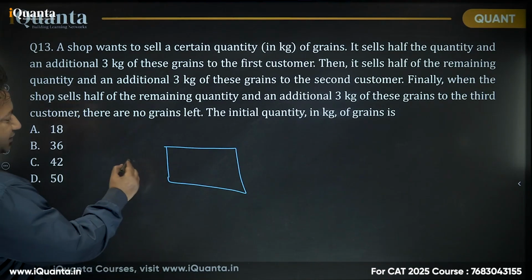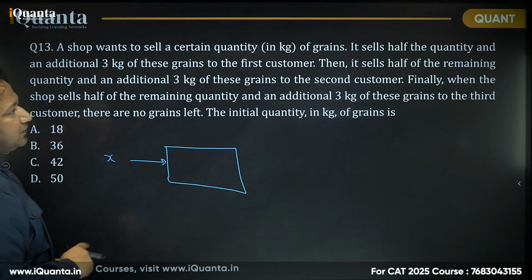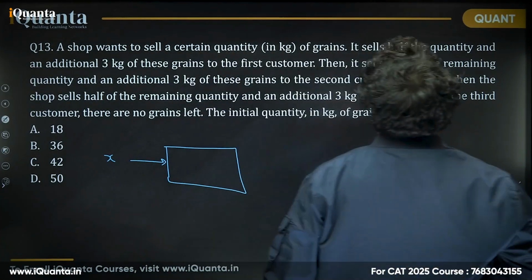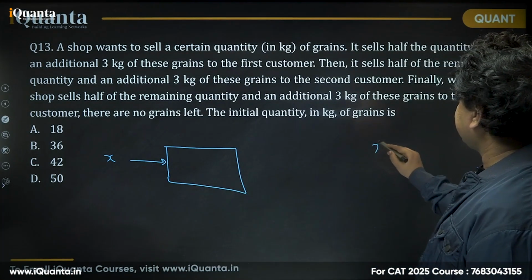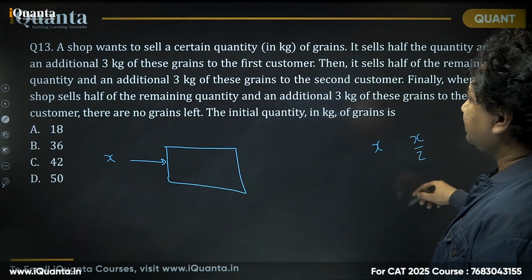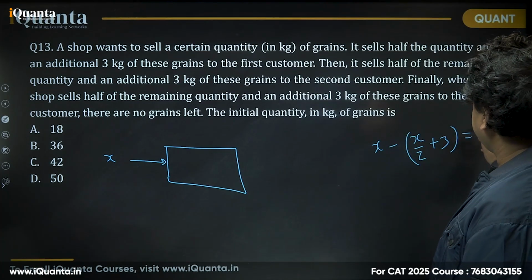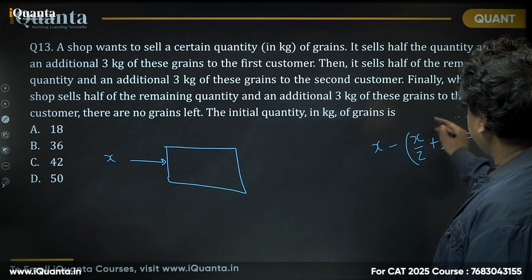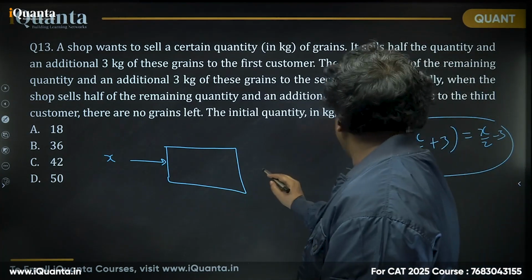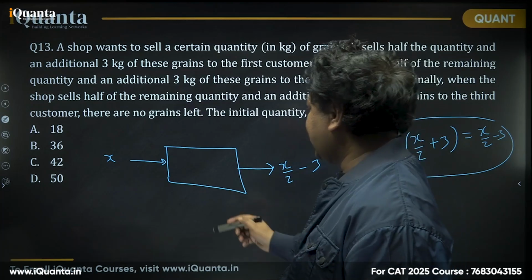Let's say this is a processing box. X goes inside. If he sells half the quantity, that means he sells X by 2 plus 3 more. So the remaining quantity will be X by 2 minus 3. That means if X goes inside, X by 2 minus 3 must come outside. How can that happen?